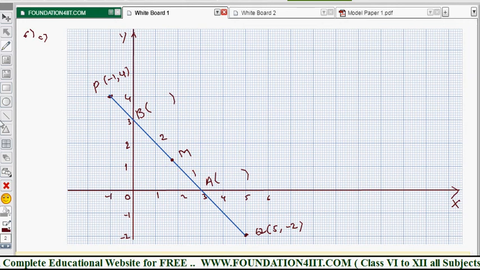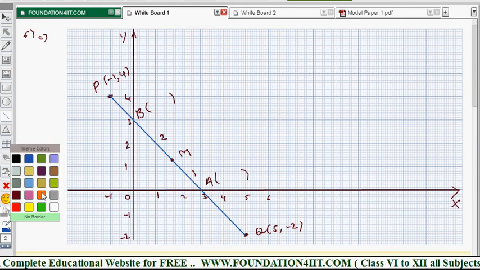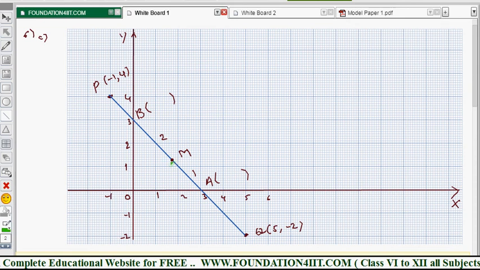We need to find the perpendicular line through M. Exactly perpendicular, that means it should be 90 degrees. So if you know the PQ slope, you have to find the point M first. Then only can you find this perpendicular line.